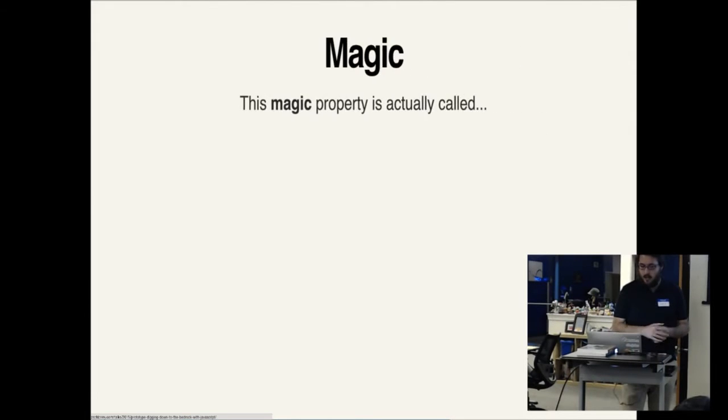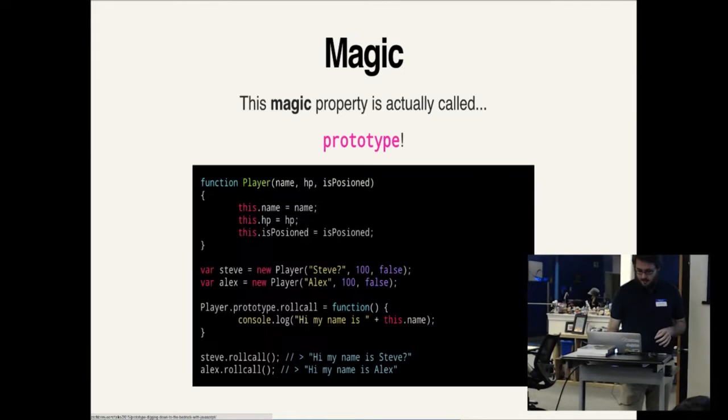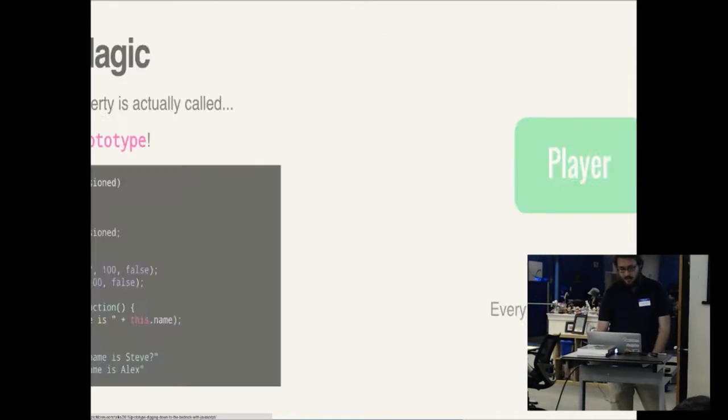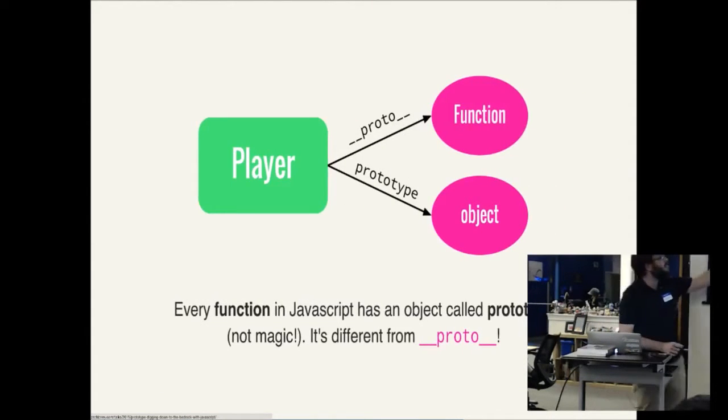To come clean, this property is actually called prototype. And the reason I changed the name is because this is what the actual code looks like. It's Player.prototype.rollCall. The reason I changed the name is because functions in JavaScript are going to have a prototype object, which I called magic before, and they're going to have an actual prototype, proto, and they're different things.